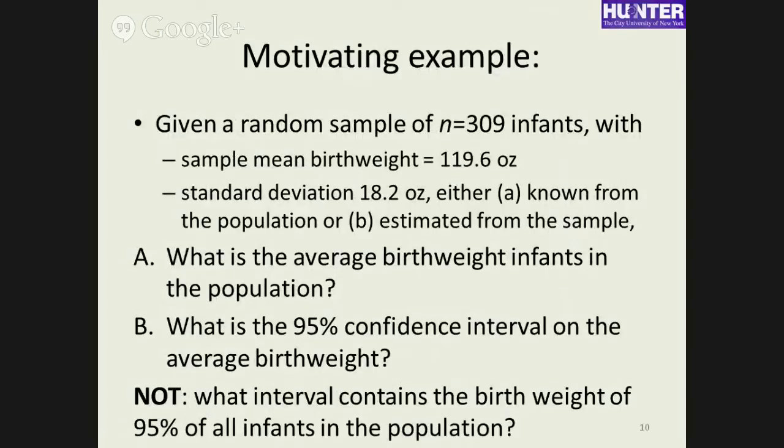Do you remember why, in terms of the central limit theorem? Which one of those three aspects of the central limit theorem would tell us that the point estimate should, in this case, be 119.6? Is the mean of the sampling distribution the same as the mean of the population?